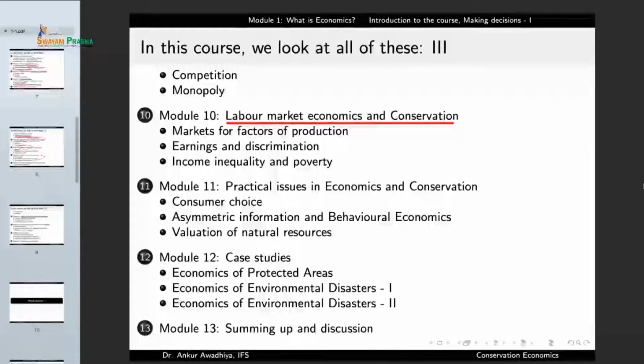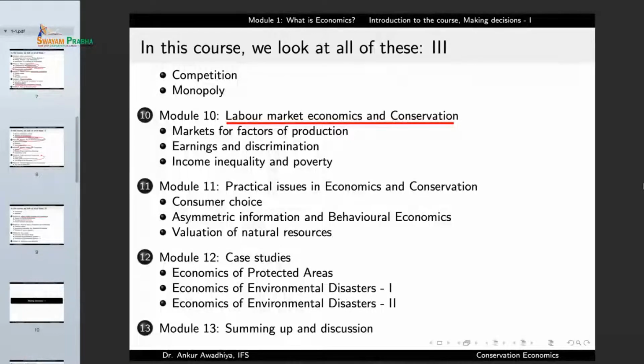So, if we want to do conservation, we would want to ensure that people are not poor. Everybody gets sufficient resources so that they do not have to put a very great amount of pressure on the environment. So, this is what we will explore in Module 10: Markets for Factors of Production, Earnings and Discrimination, and Income Inequality and Poverty.